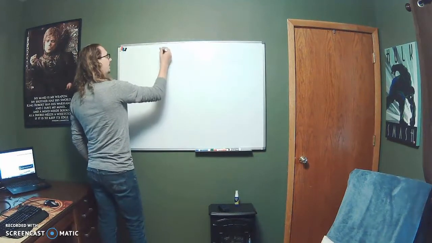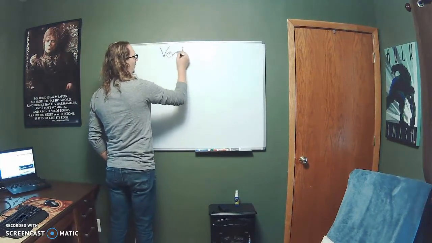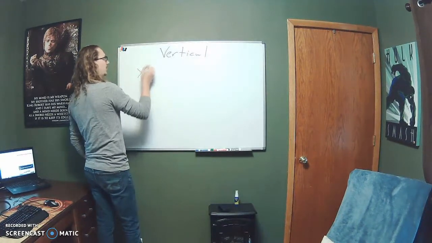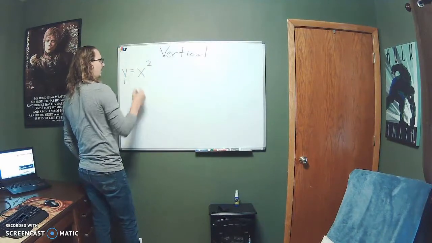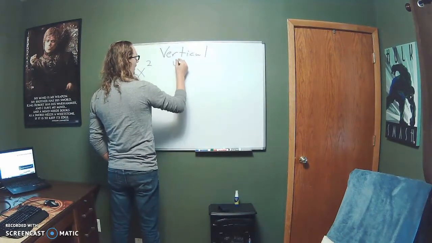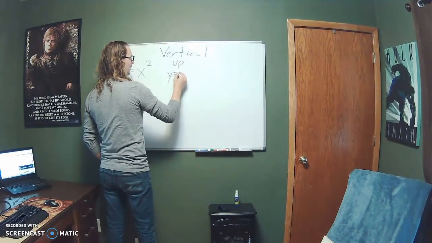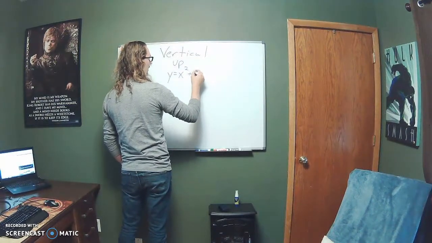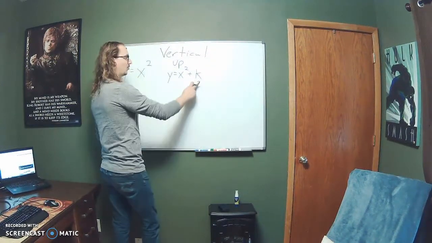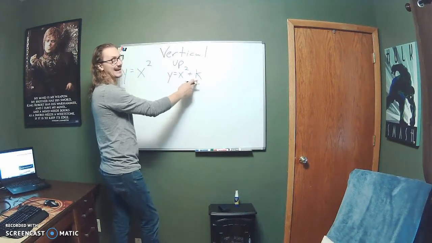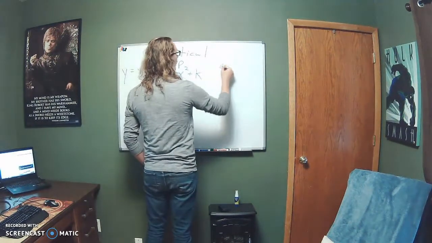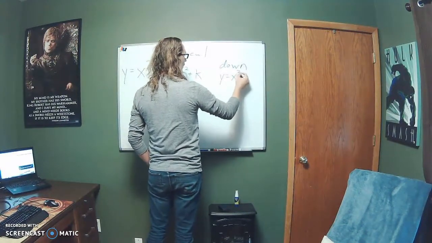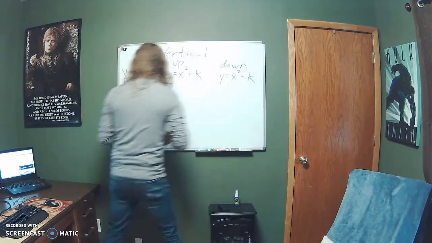Okay? So if we're going to go vertical, we're just going to keep trucking with y equals x squared. To move up, y equals x squared plus k, which is some number, whatever you want to move it up. If you want to move it up 8, k is 8. Okay, so to move it down, y equals x squared minus k.